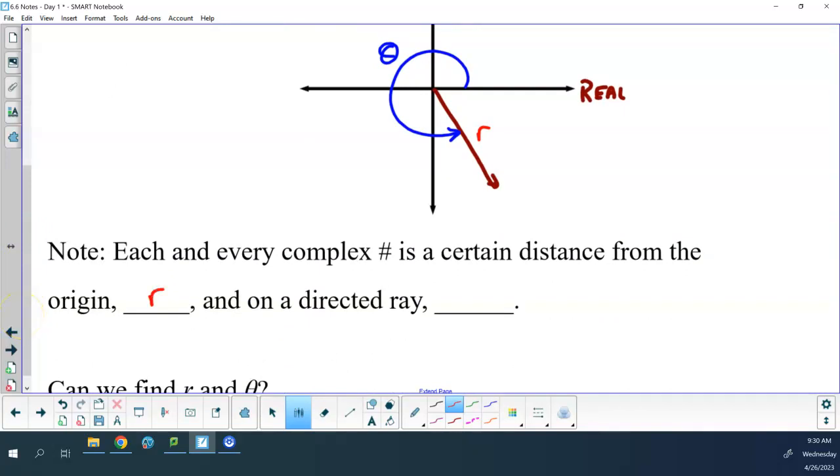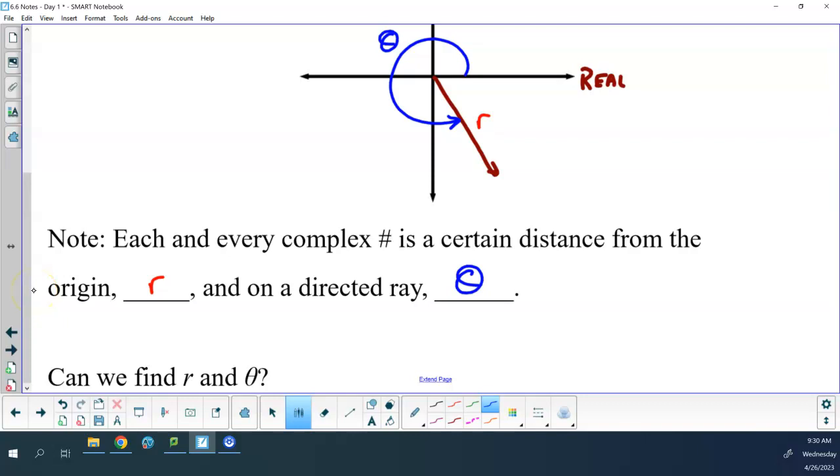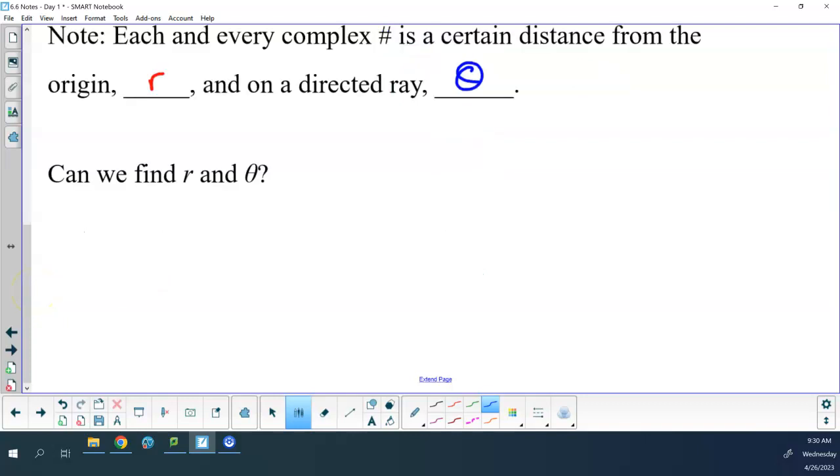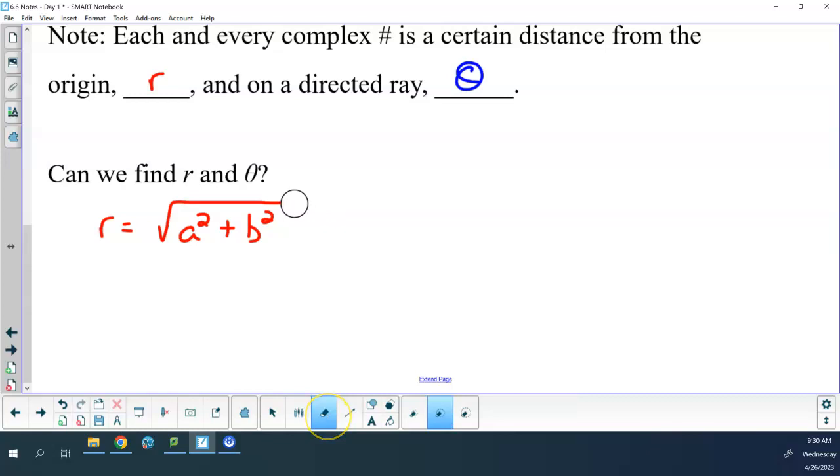We call that r, on a directed ray with angle theta. Because we're using trig, we can find r and theta very easily. And you've done it already. r is going to be the square root of a squared plus b squared.